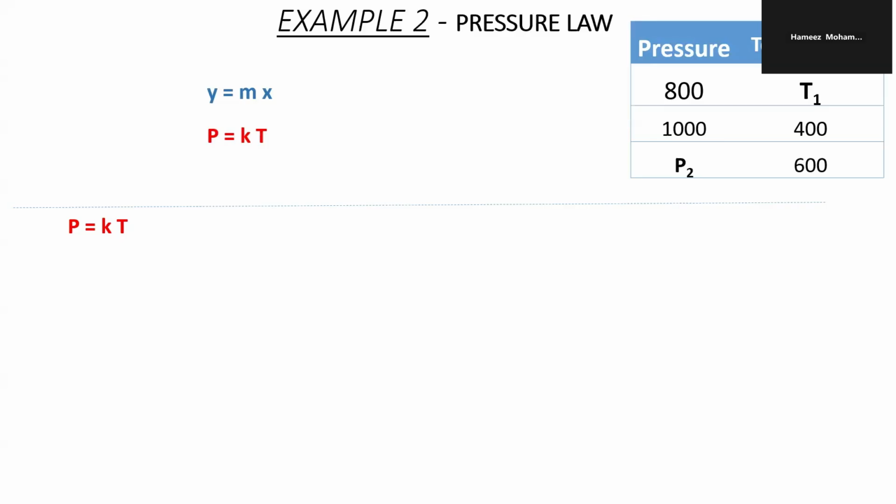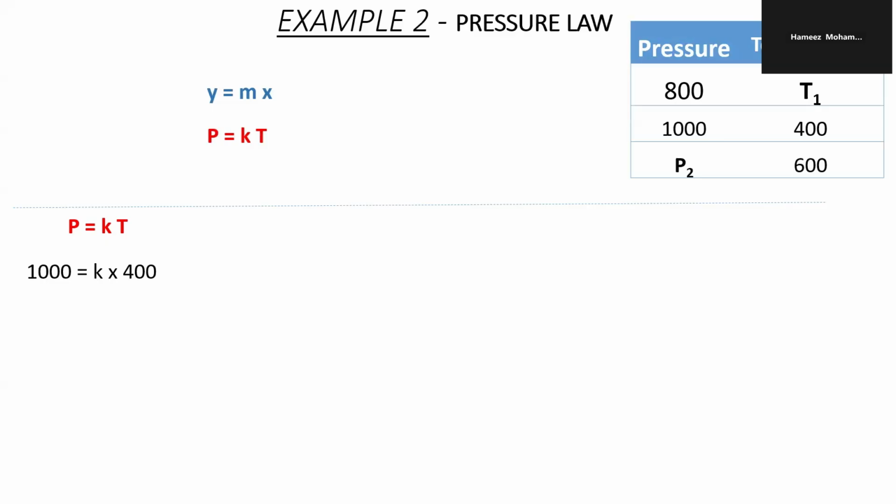So if we know P and T, and there are three terms in there, then there's only one term that is missing. And that missing term is K, the constant. Now, K is normally what you use for constants, or C. So if we put in those values, 1000 is equal to the constant, whatever it is, multiplied by 400.